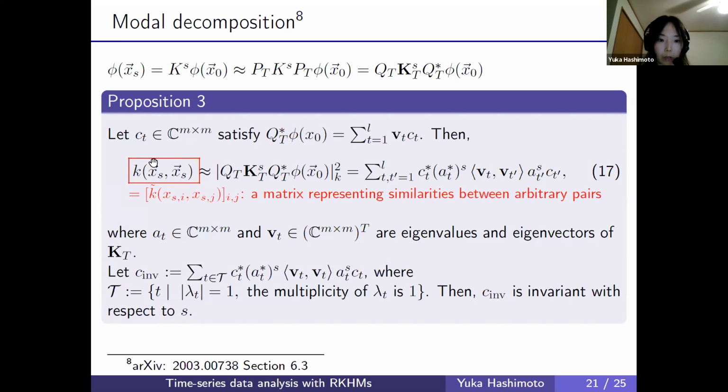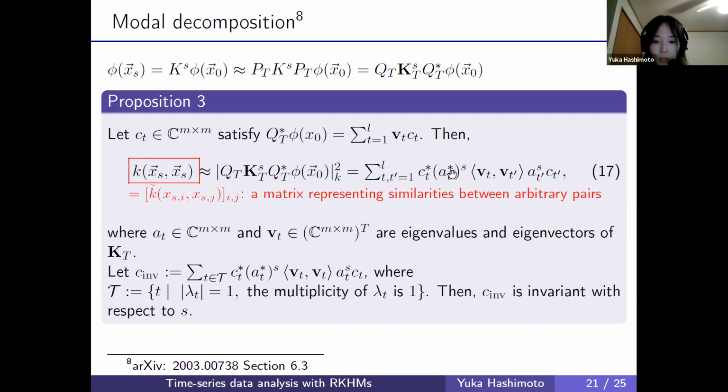Here, please recall this matrix represents similarities between arbitrary pairs of elements in dynamical systems. The ij element of this matrix is the similarity between the ith element and jth element of xs. So this is the decomposition regarding the similarities between pairs of elements in dynamical systems.